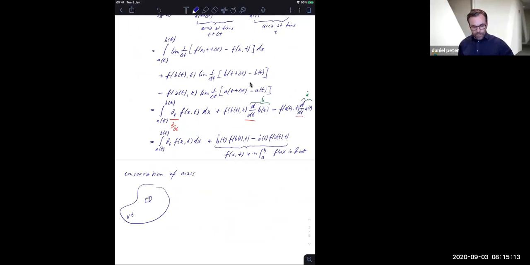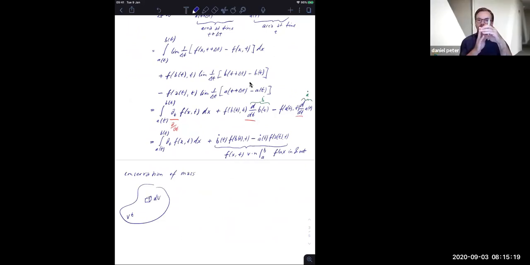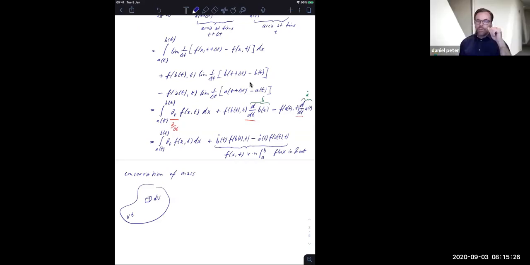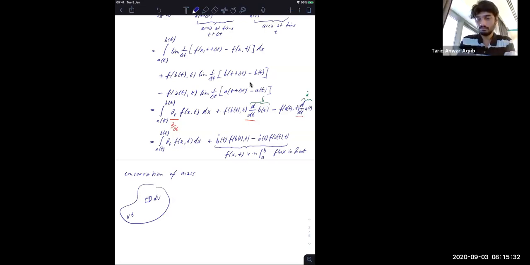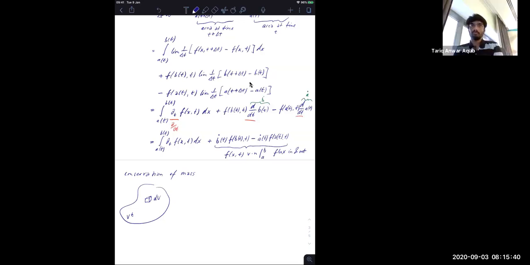And what we look at here is like a little parcel inside that volume. That's a dV. And that's a bit the difference between continuum mechanics and classical mechanics or point mechanics. In continuum mechanics, we look at these little parcels of volumes, how they change basically.